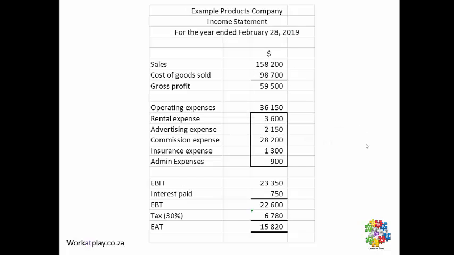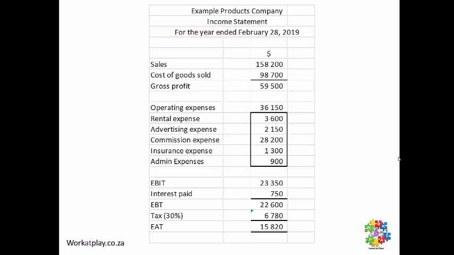If I look at a sample income statement, I've got here the income statement for the year ended. It's very important to see the way it's worded, for the year ended. It's for the entire year that we're looking at.